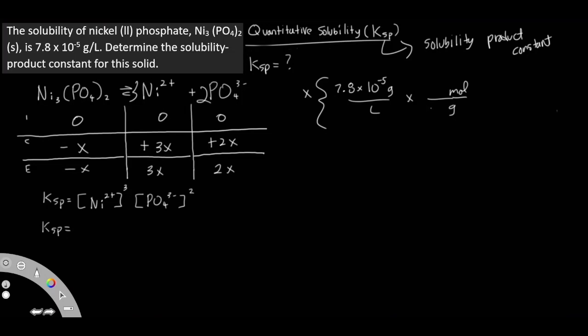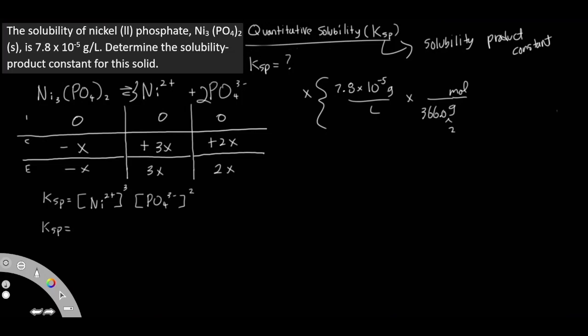You should have been able to find in your periodic table by adding 3 nickels and 2 phosphates and 8 oxygens, you're adding them all up together. The molar mass ends up becoming 366.02. Okay, 366.02 grams per mole of this nickel 2 phosphate. That's how heavy it is.